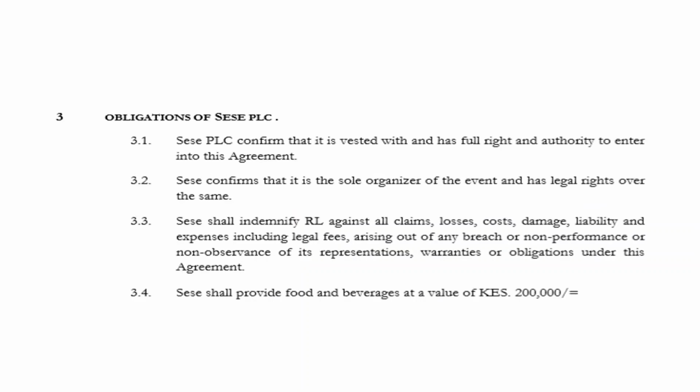Having listed the obligations of the first party, the next step is again to list the obligations of the second party. Of course, like I said before, in this example we're using Rogers Limited and Sese PLC. So these are the obligations of Sese as far as that media partnership is concerned.